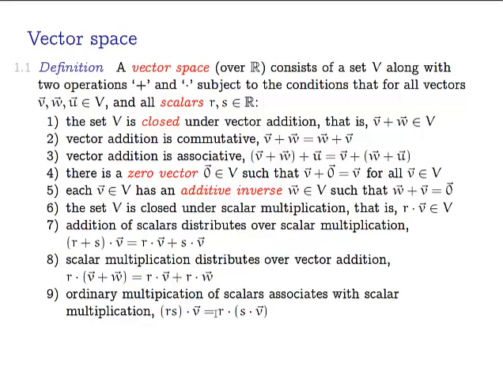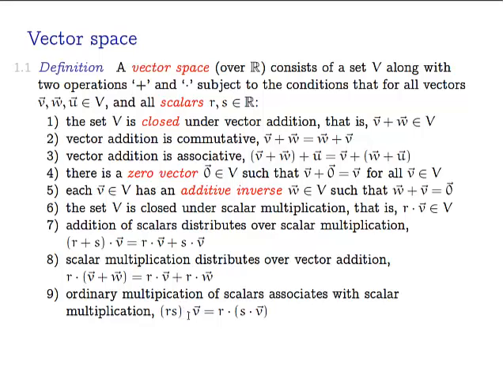And here we have associativity with scalar multiplication. We can multiply the scalars first and then multiply by the vector, or we can take one scalar and multiply by the vector first. Now, for those of you who are familiar with the dot product, this is not the dot product.